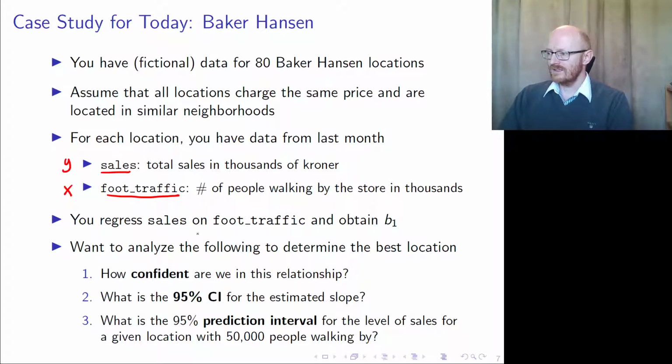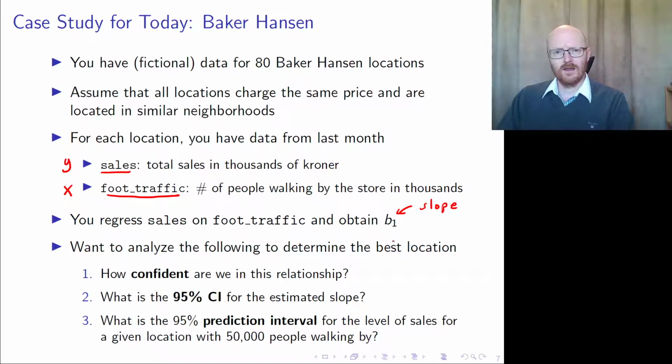So you regress sales on foot traffic and obtain a slope, B1, which gives you the expected change in sales given one change in X, in foot traffic.